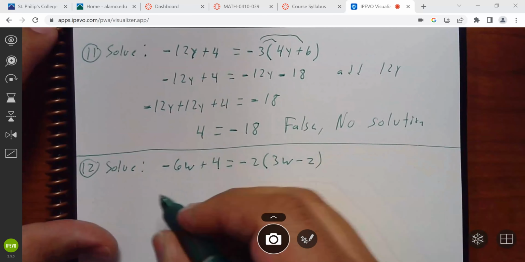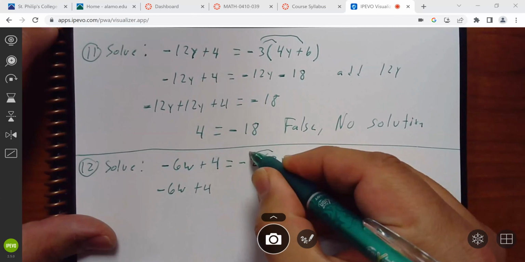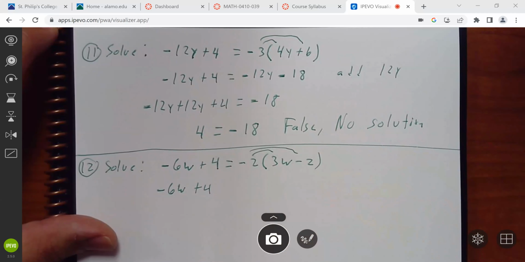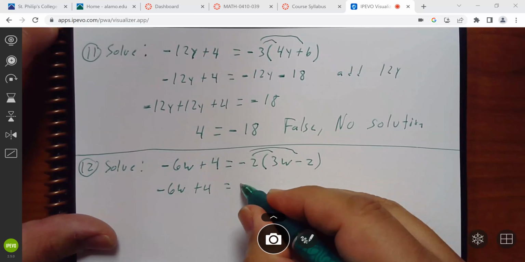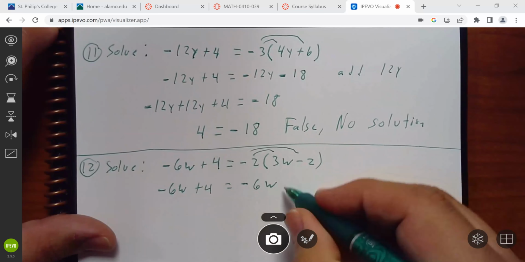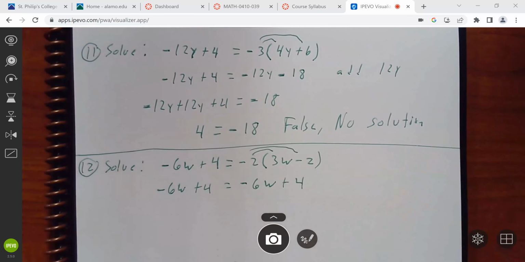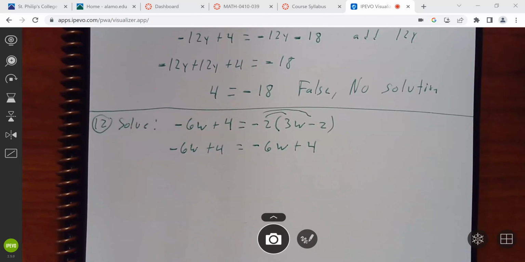Okay. The first step. Distribute. What do we get from the distribution? -6W. I told you we get the exact same thing on both sides.